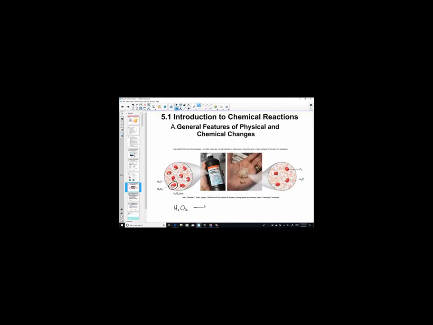Do you see in this hand, there are bubbles coming out, and that's evidence of something new. Now, peroxide will spontaneously decompose, and we're going to learn that decomposition is one of our 5 general patterns of chemical change. When hydrogen peroxide decomposes, you see that a water molecule is released, and it generates oxygen gas.